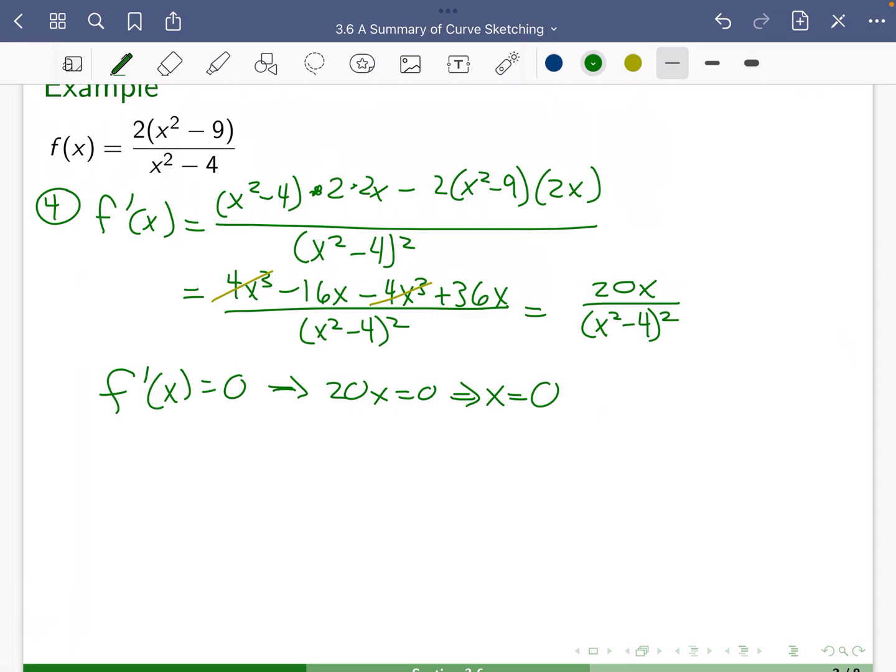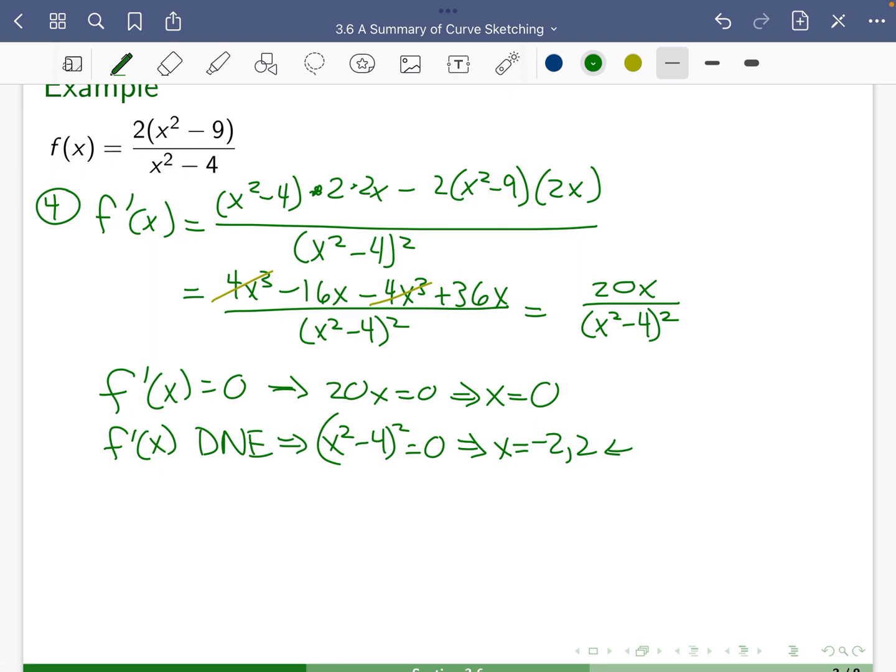The derivative does not exist if our denominator is 0. If you were to factor that, we would find that's going to happen when x is equal to -2 and 2.